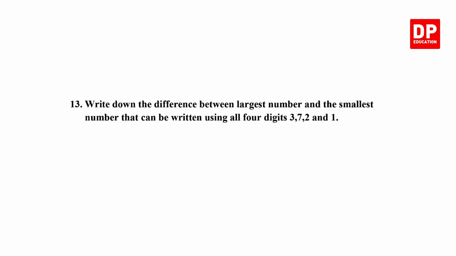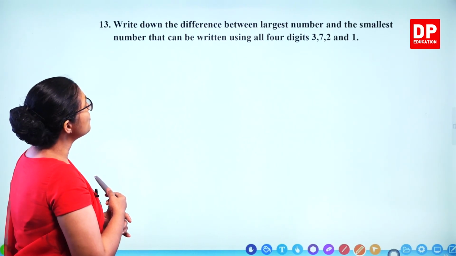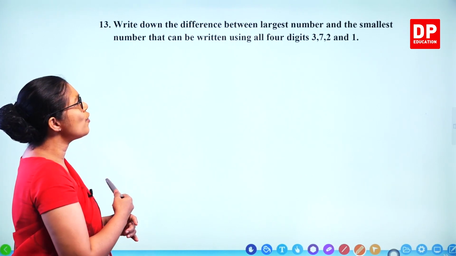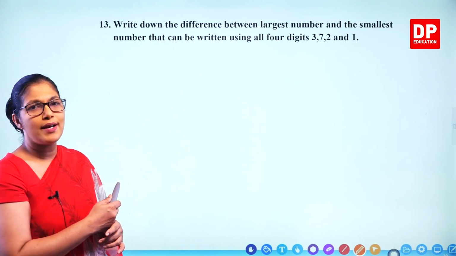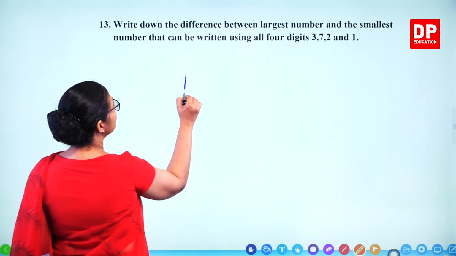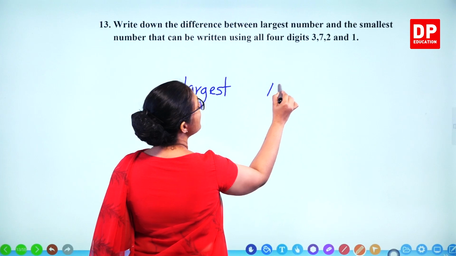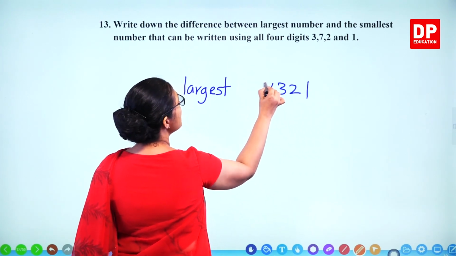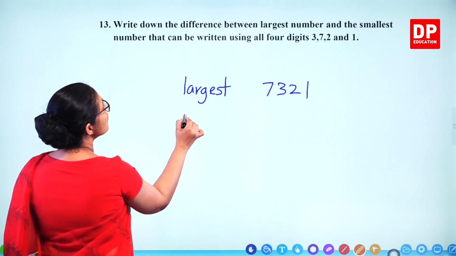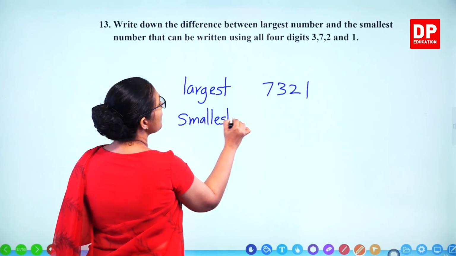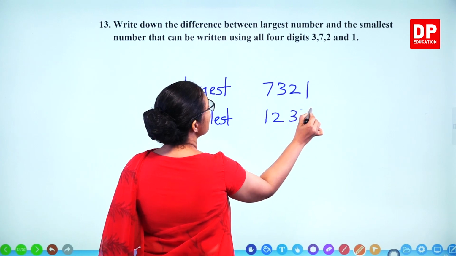Question number 13. Write down the difference between the largest number and the smallest number that can be written using all 4 digits, 3721. What's the largest? Largest means the highest one first. 7321. Smallest? 1237.